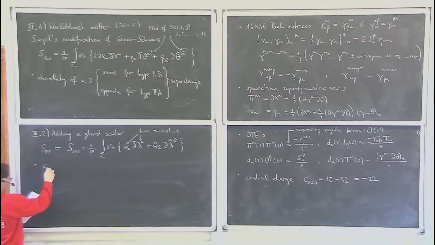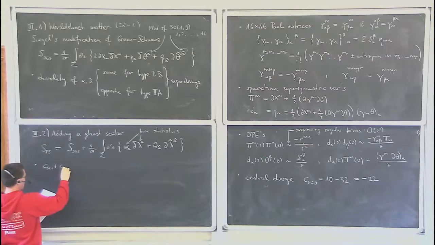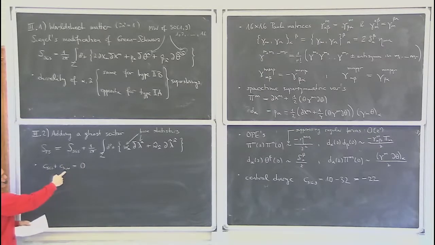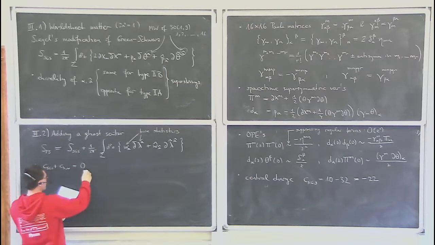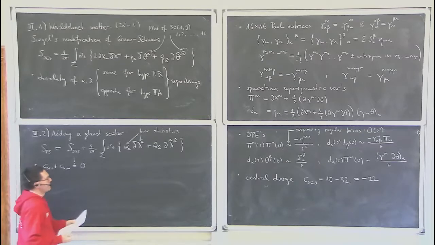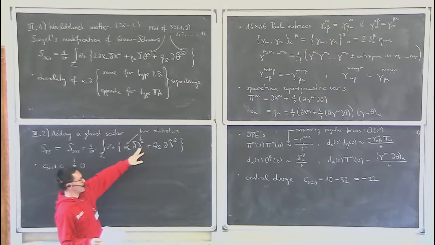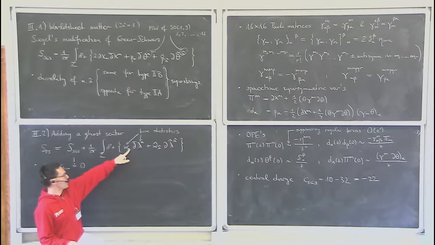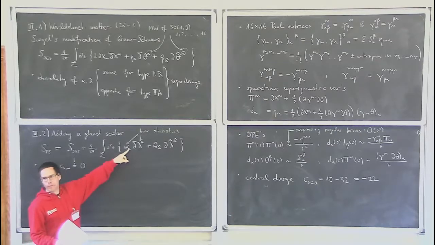Okay, so one of the central requirements on that ghost sector is to make the central charge disappear. So by adding the central charge minus 22 with the central charge of the ghost system, you want to get 0. Okay, so if you just play with this kind of first order system, you would conclude the central charge is proportional to the number of components.